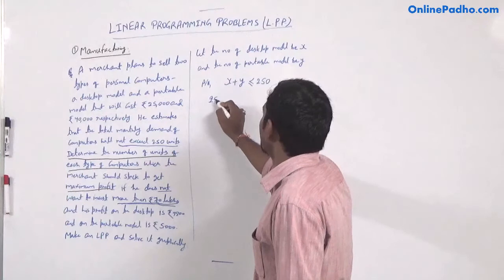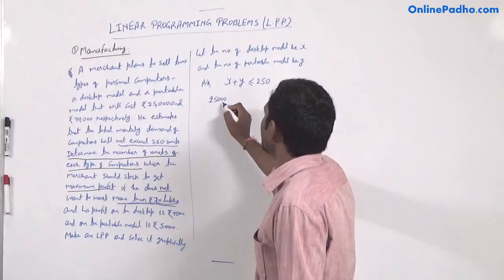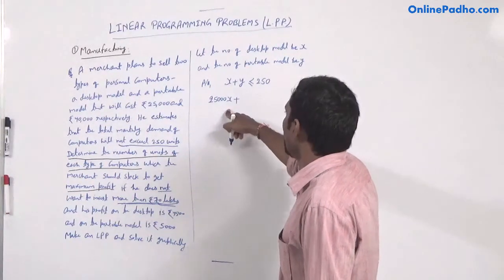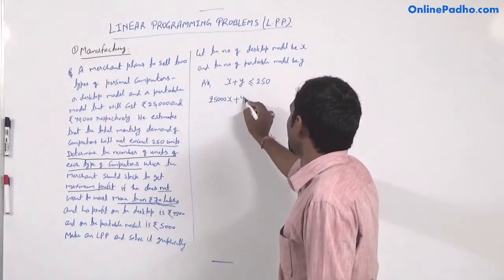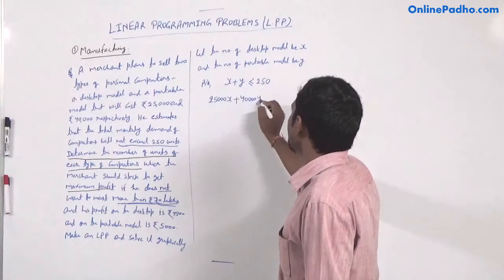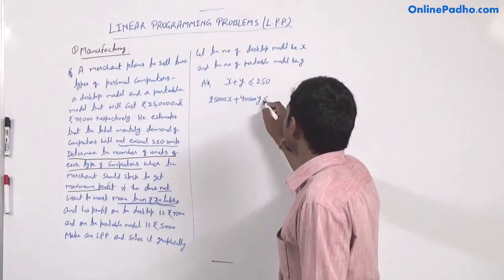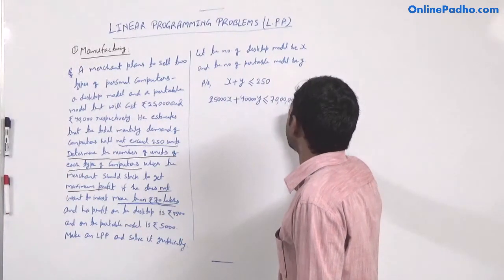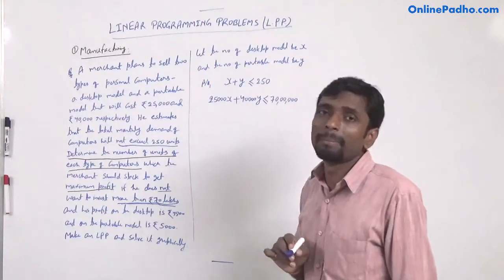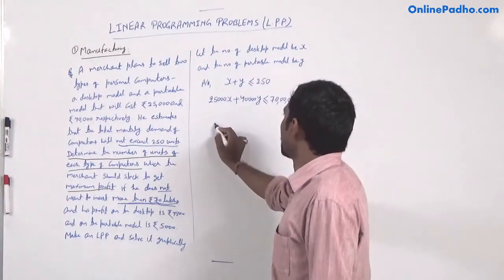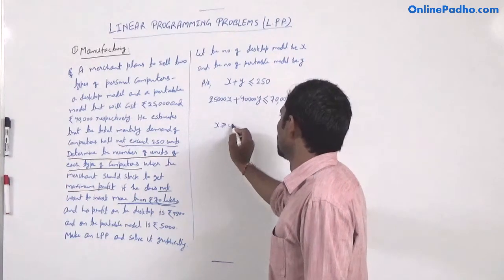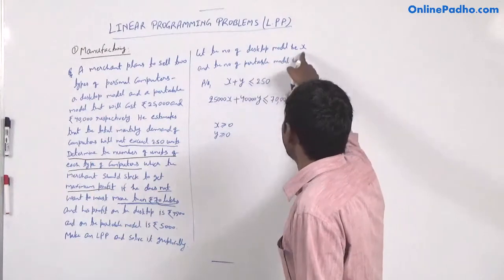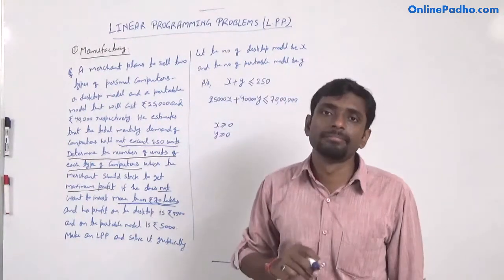So the cost, 25,000X on the desktop model purchase and 40,000Y on the portable model purchase, should be less than equal to 70 lakh. That is the second inequality. And third, X is greater than equal to 0 and Y is greater than equal to 0, because X and Y are quantities and they cannot be negative.